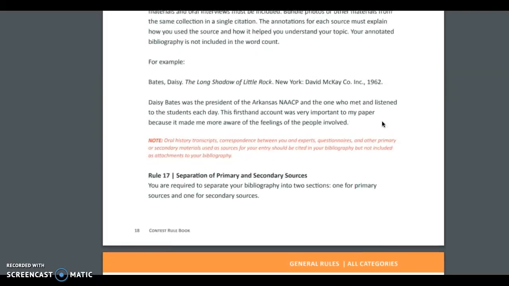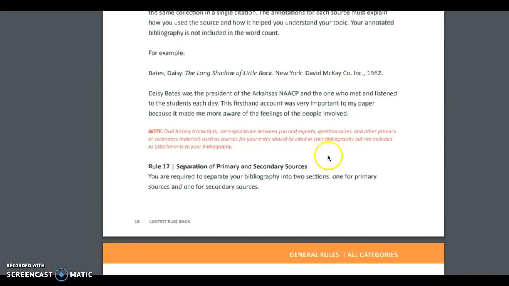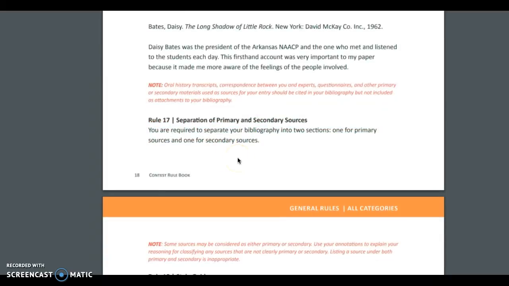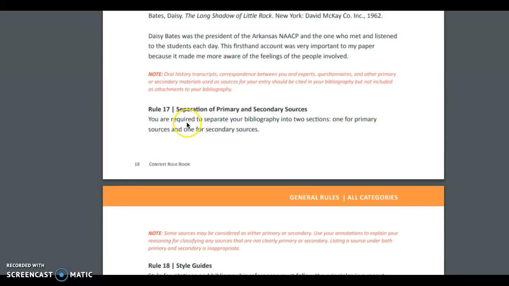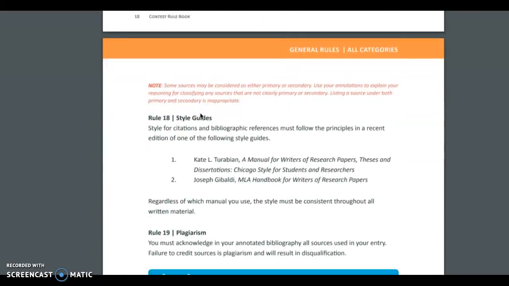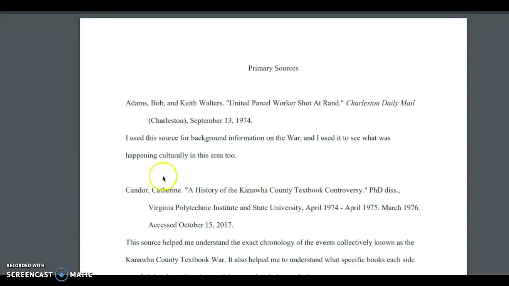When you look at the way you format it, you're going to make sure that it's in alphabetical order, and you're going to make sure that you separate your primary and secondary sources. When you look at the examples, which I have one for you here, you'll notice that the first line is not tabbed and the second line is.